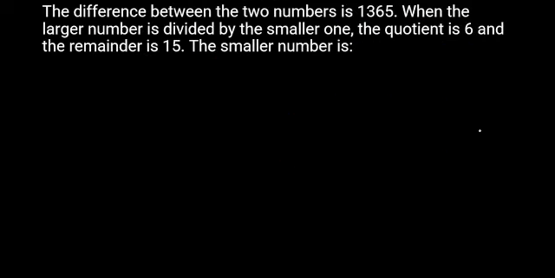Now the difference between two numbers is 1365. When the larger number is divided by the smaller one, the quotient is 6 and the remainder is 15. Let us assume the small number is x and the larger number is y.